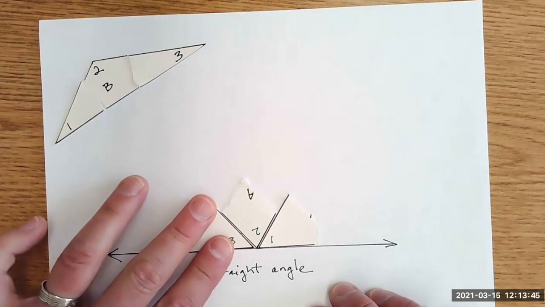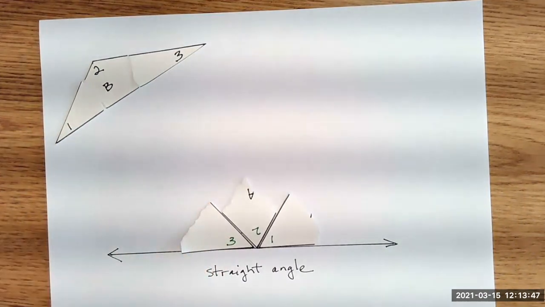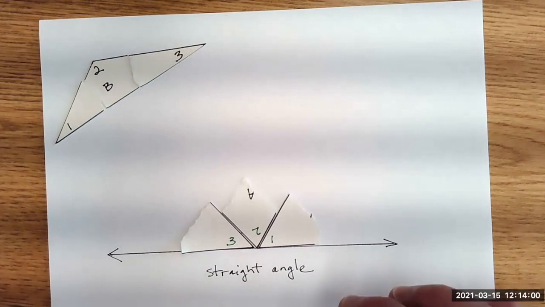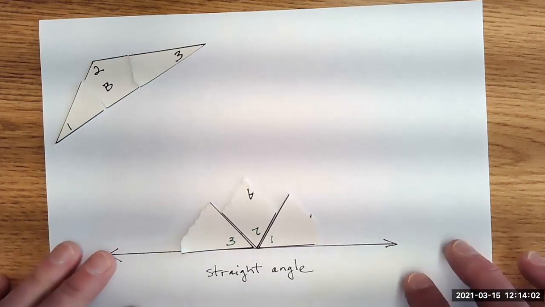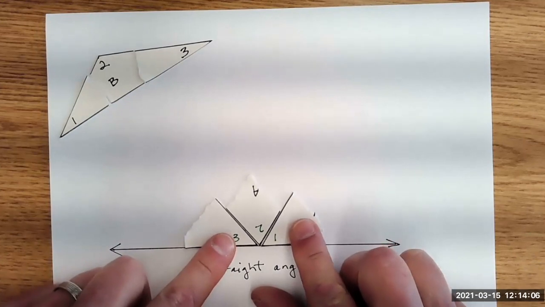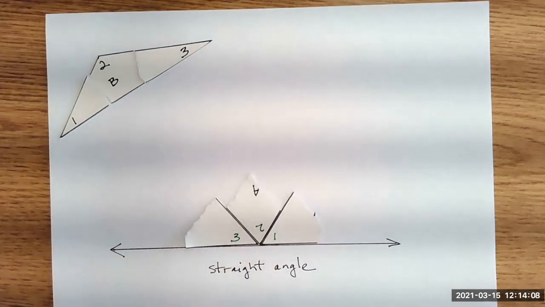The proofs, there are three types: flowchart, paragraph, and two-column proof, are part of a different module. You won't be assessed on those in Unit 4, but you need to know the triangle sum conjecture because that will help you answer questions on a test. If you combine or add those three angles, you get 180 degrees.